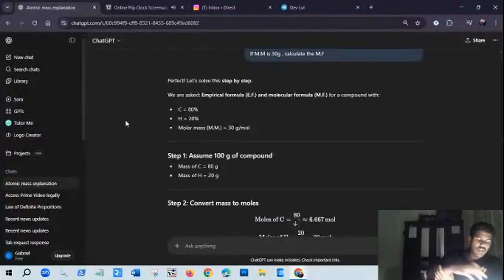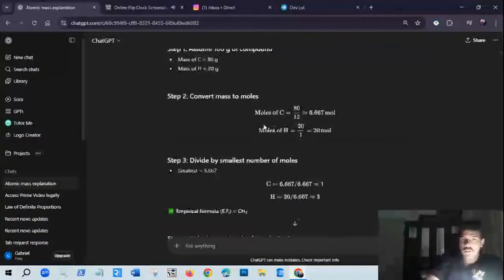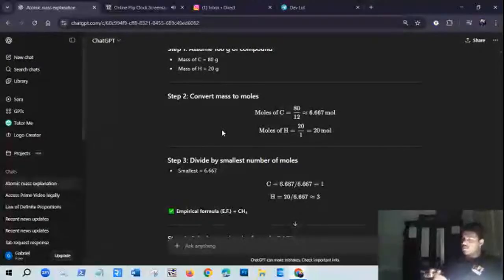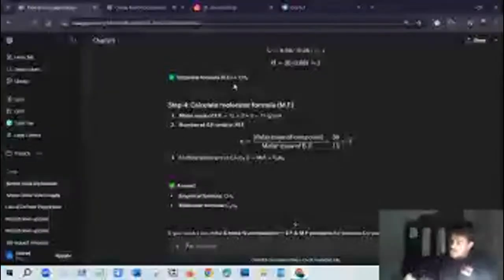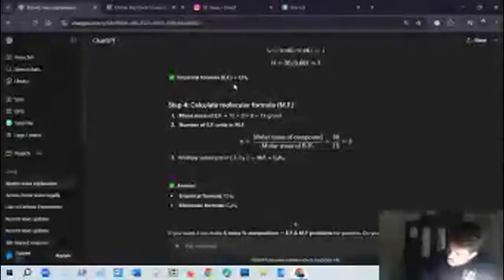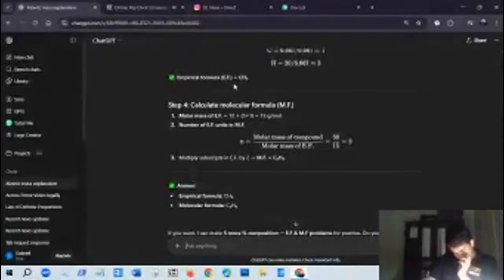Now we find the number of moles from the mass. Okay, that's what we did. The empirical formula is CH3.